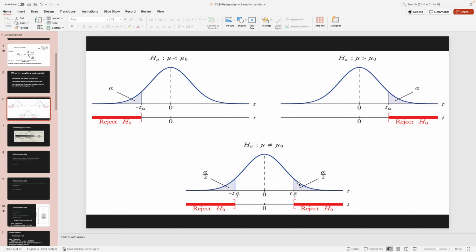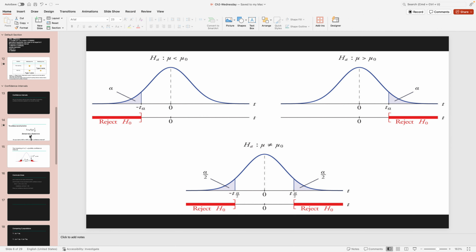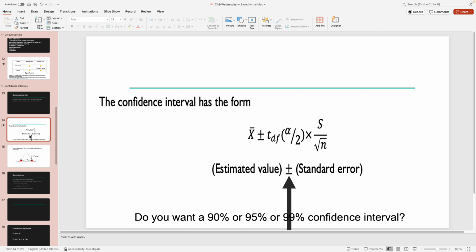So if it's 90%, it means there's a 5% chance that it's bigger, a 5% chance that it's smaller. If it's 95%, it's 2.5% that it has this value or bigger than the upper value of the confidence interval, and a 2.5% chance that it has the value less than the confidence interval. Okay, so if we wanted to calculate what this range would be, we can do this with the confidence interval. And those are the typical levels of confidence, just FYI.